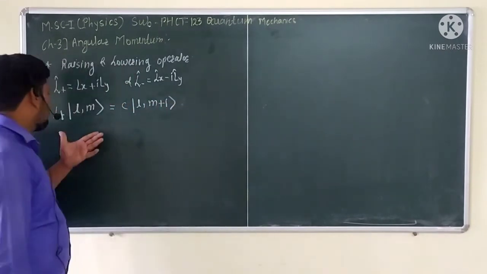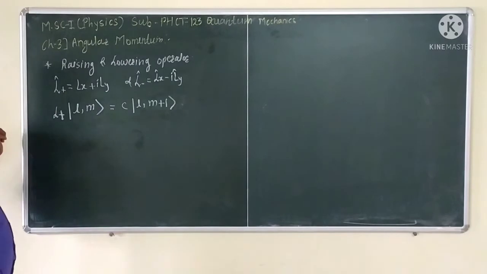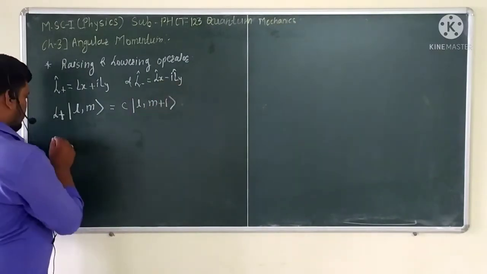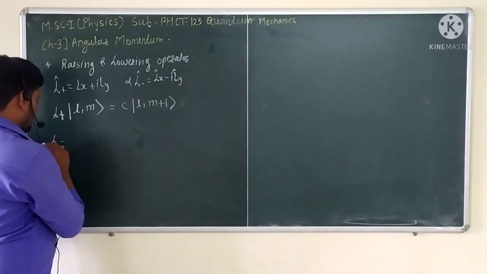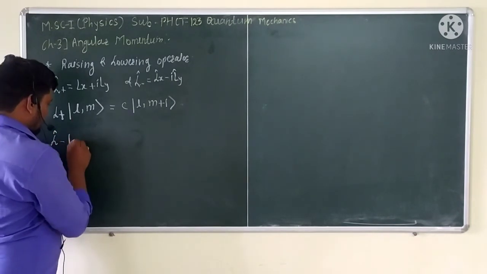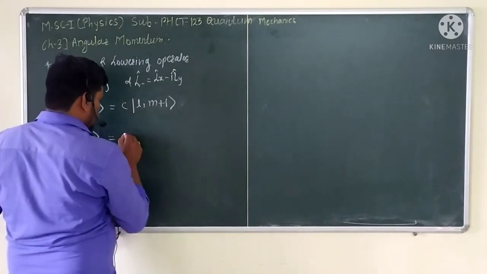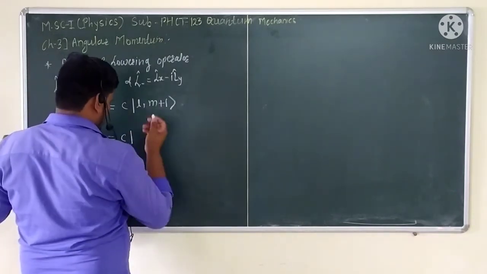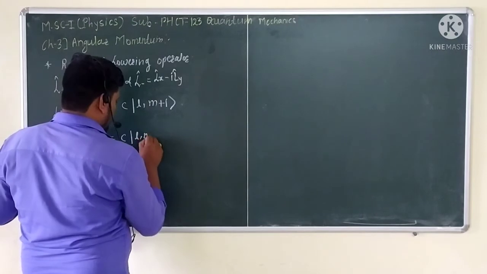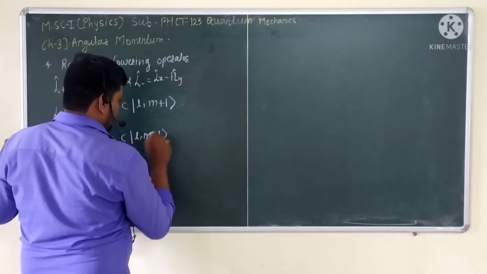This is the relation for the L plus cap operator. Next, for the L minus cap operator, acting on L comma m gives some constant c times L comma m minus 1.